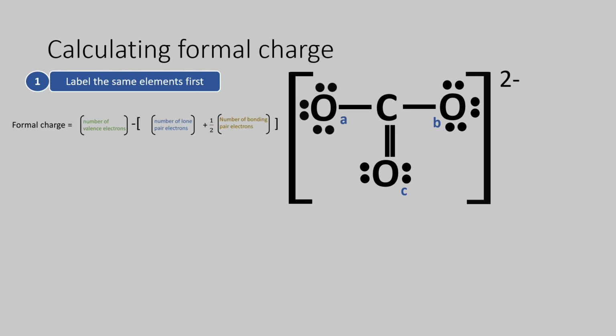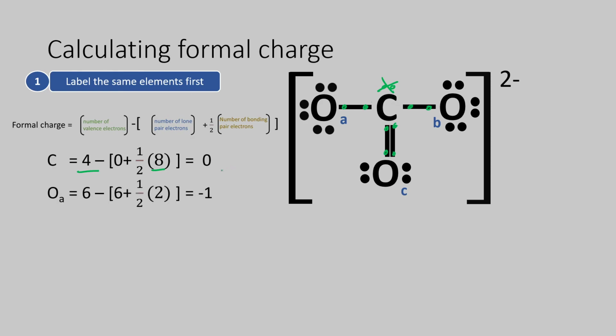But it's easier with A, B, C. So for carbon, the valence electron is 4, and then minus the number of lone pairs. Carbon has no lone pair, so 0, plus half of the number of bonding pair electrons. Why 8? Because there are 1, 2, 3, 4, 5, 6, 7, 8. These are the electrons that are bonded, shared. So there are 8. So 4 minus 0 plus half times 8, which is 0. So okay, 0. So let's look at oxygen A.